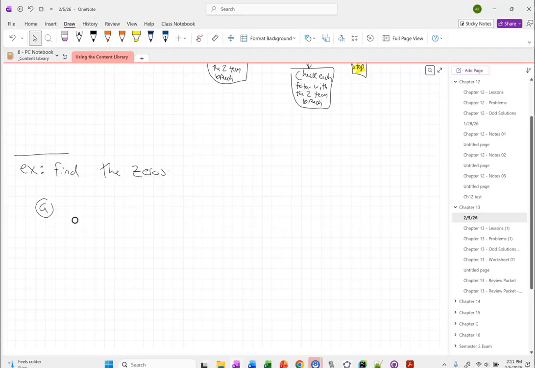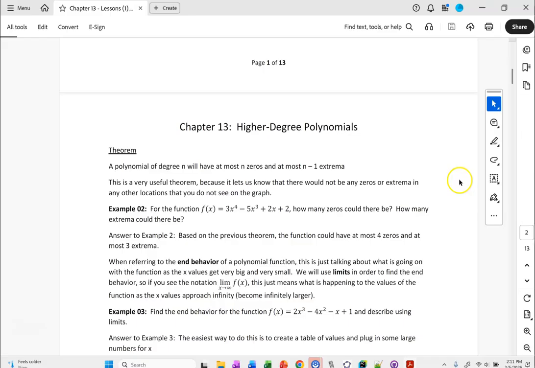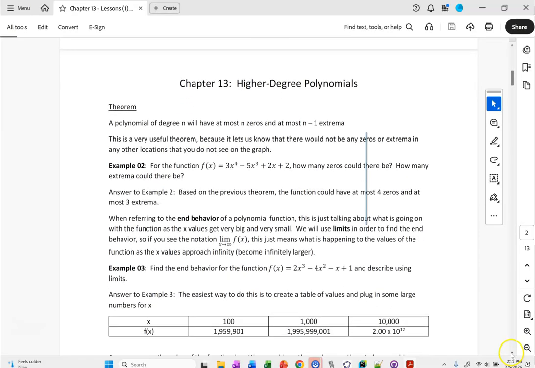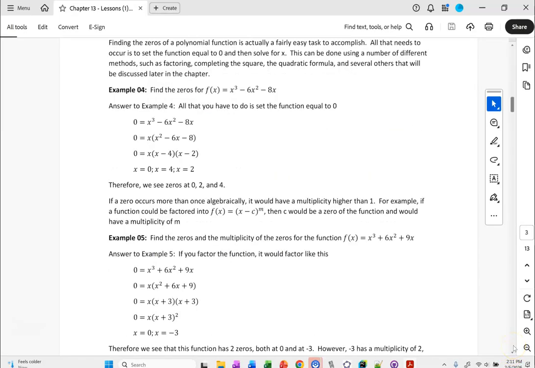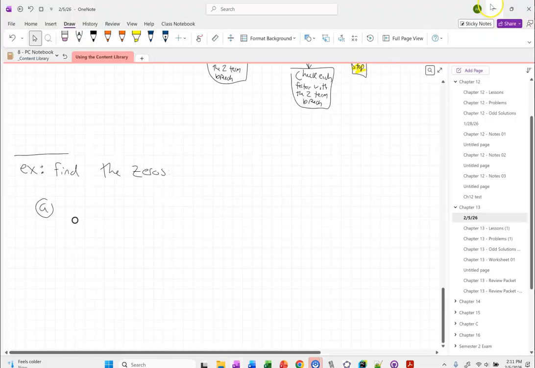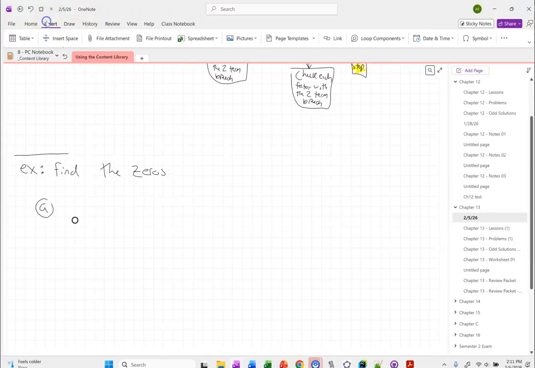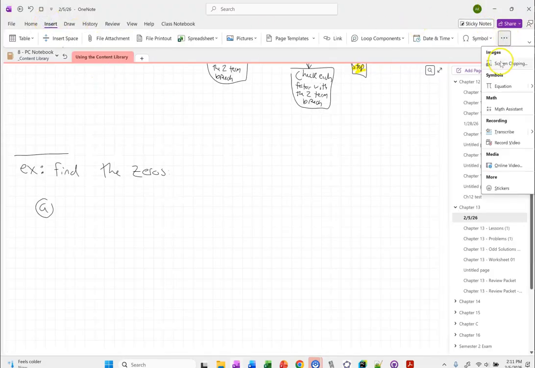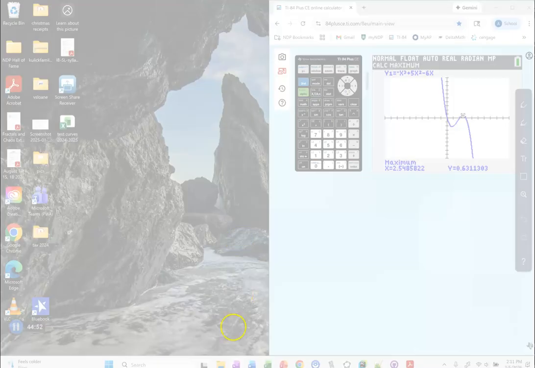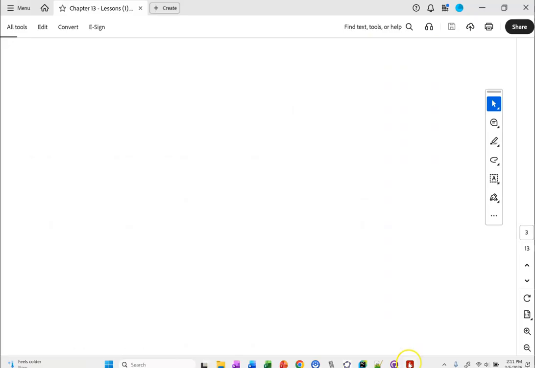This time I am going to use the examples from the book so that I can make sure I have something that has reasonable answers to it.